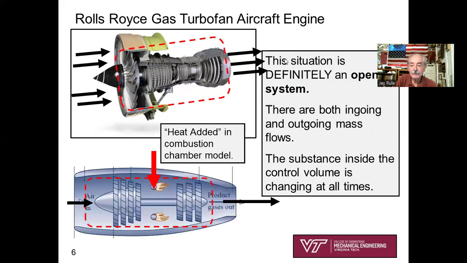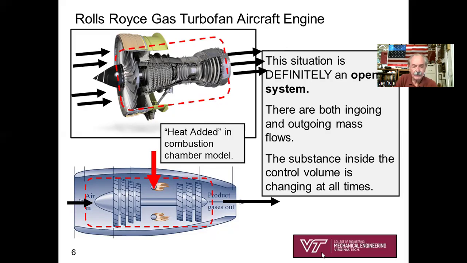Okay, let's move on to another. This is an image of an actual Rolls-Royce gas turbofan aircraft engine. In fact, this particular cutaway of this physical engine is hung up in Goodwin Hall. It's the Trent 1000 gas turbofan engine.